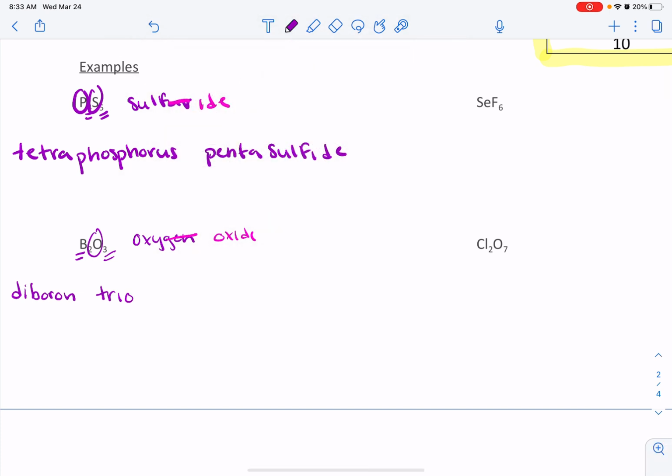So we get trioxide. So overall, our name is diboron trioxide. So we see here, I'm not changing the ending of the first element, but I am changing it for the second element. Also, make sure your name should be 2 words. So the prefix plus the element is going to be 1 word, and then space for the second one.